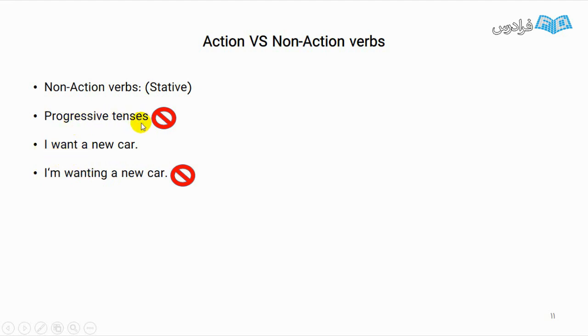Progressive tenses are exactly continuous tenses. For example, here I'm not allowed to use present continuous. I'm wanting a new car is completely wrong, or even the past form of that. The point is that you are not allowed to add ing to these verbs.